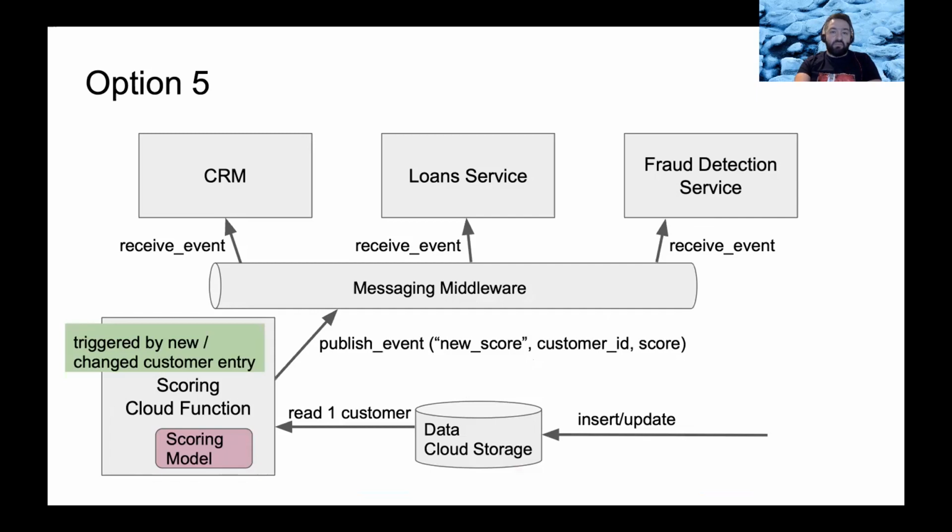So we keep the part where a change in the client data causes a recalculation of the score. But once the score is calculated, it is published through the middleware so that client applications can receive it and update the scores in their data stores.